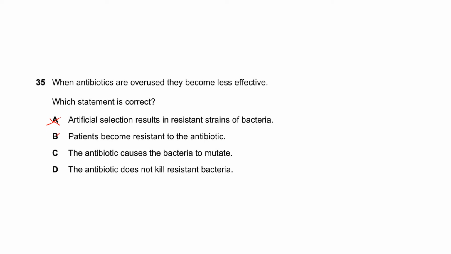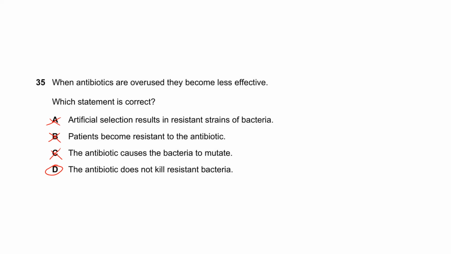This is wrong. It's not the patient that becomes resistant, it's the bacteria. Option C says the antibiotic causes the bacteria to mutate. This is wrong. It's just that the bacteria that have genes that resist the antibiotic reproduce. Option D is obviously right. It's the last option. It says the antibiotic does not kill resistant bacteria, which is true because they're resistant to it.